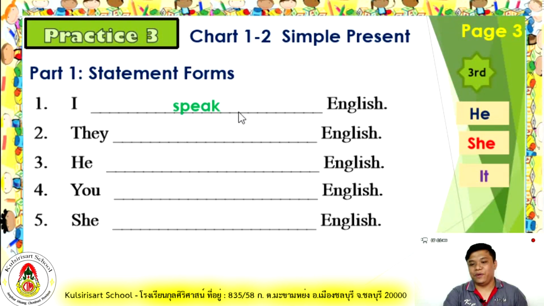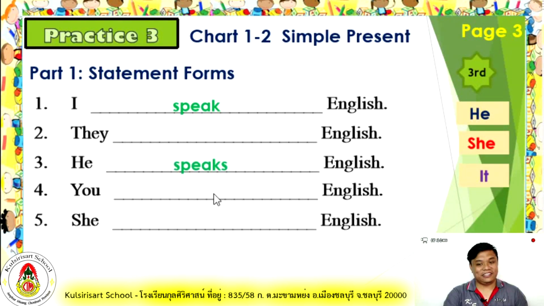S. Added with the letter S. So instead of saying he speak English, you will say he speaks English. And number 5, instead of saying she speak English, you will say she speaks English. Okay? Good job.